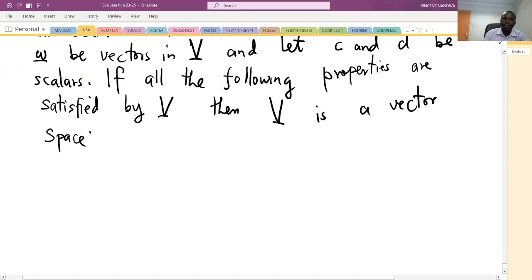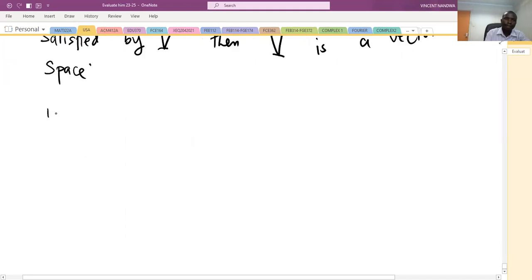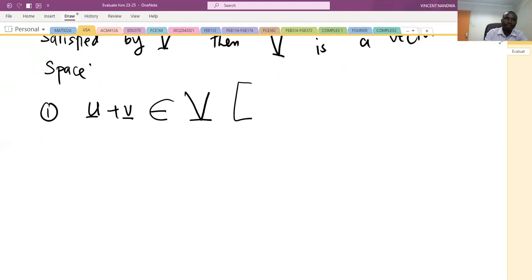So 1, U plus V is a vector in this set capital V. So this is called closure property for addition.